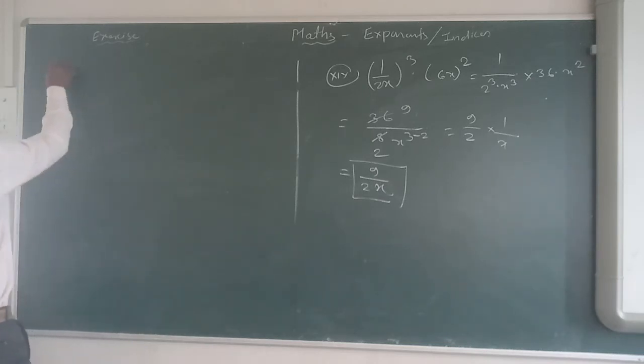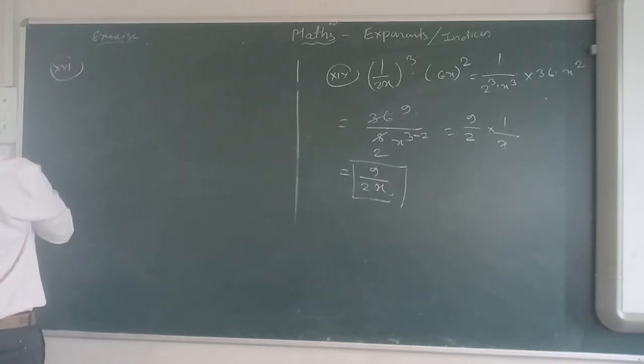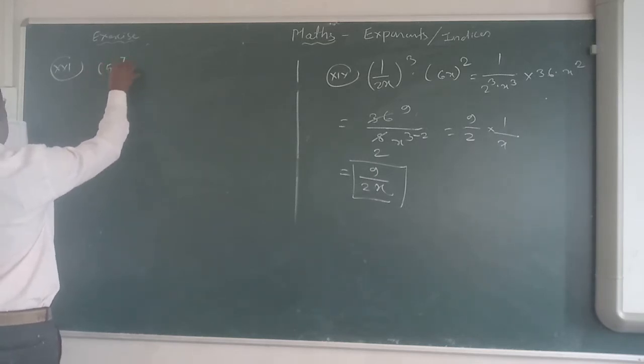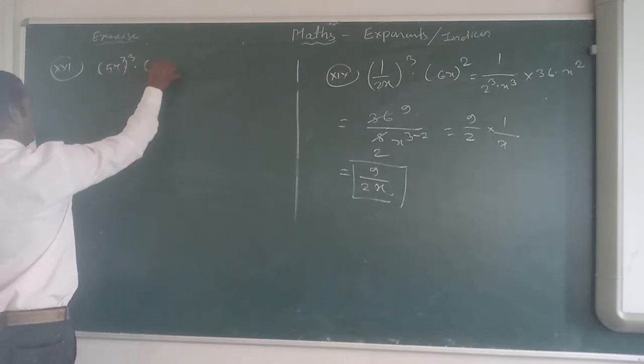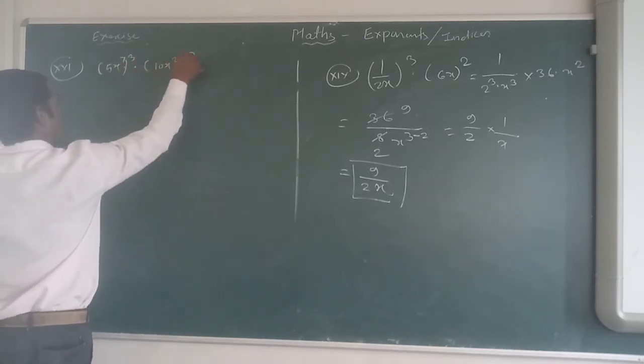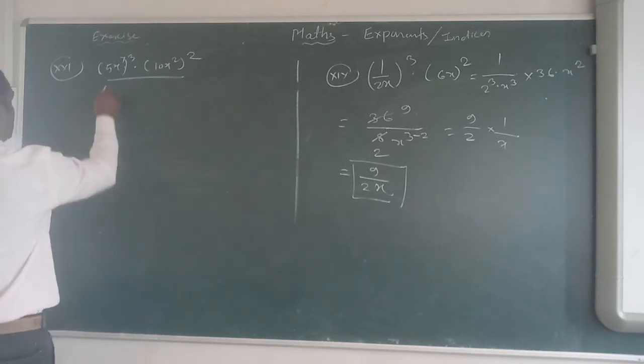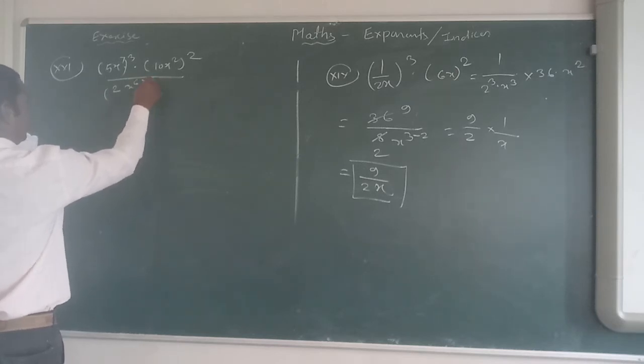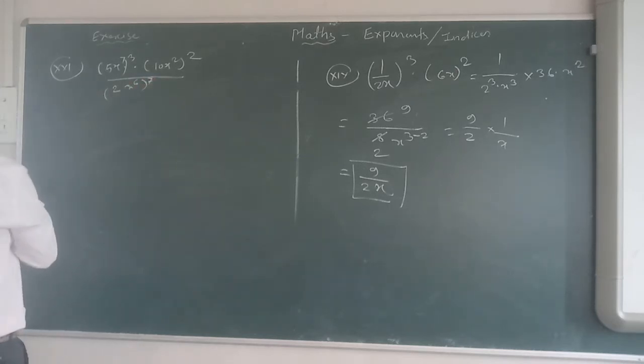Question 21 is: (5x⁷)³ into (10x²)² upon 2 into (2x⁶)⁷.